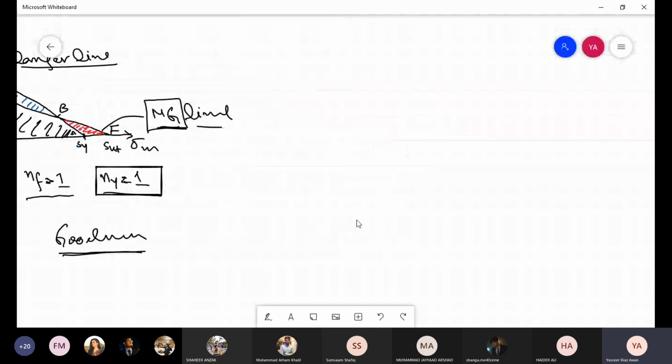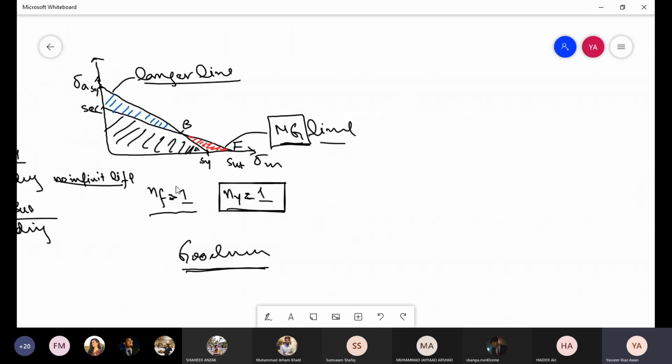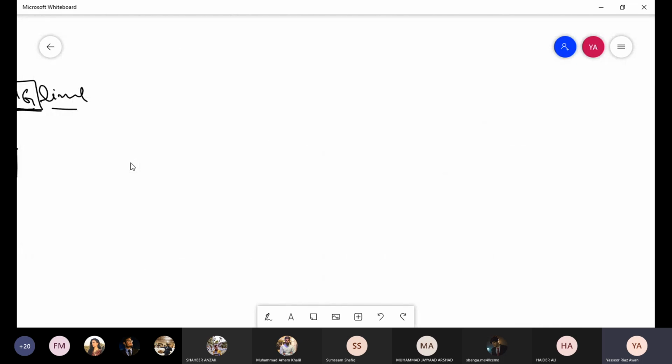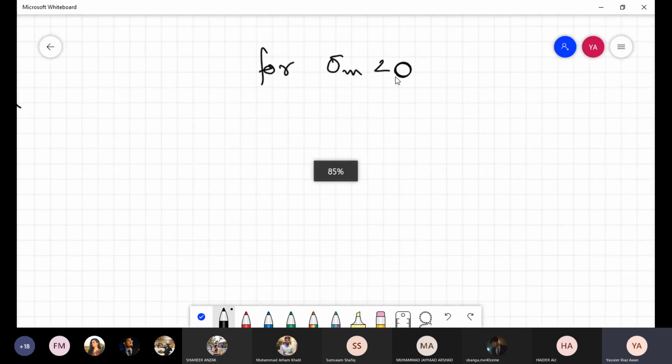So now, all of this discussion was valid for sigma m having a positive value. Okay? For this graph, we only showed sigma m having some positive value. Now, what happens for sigma m less than 0?